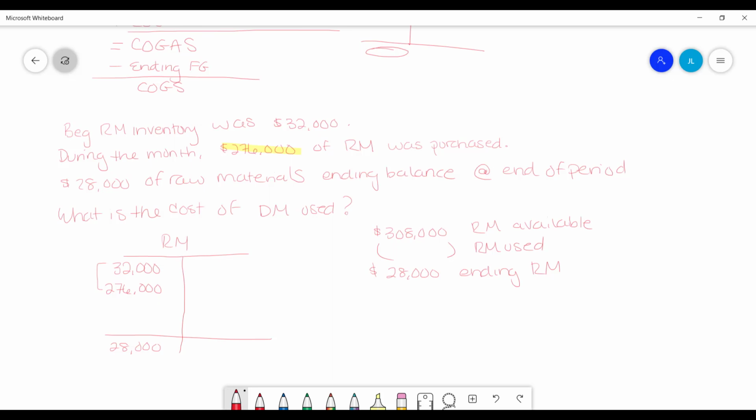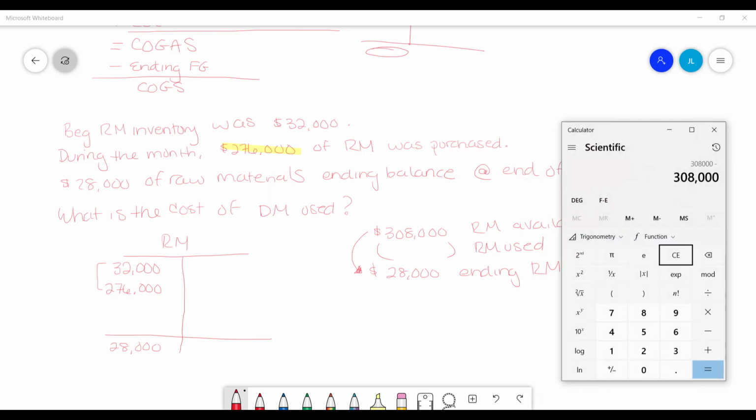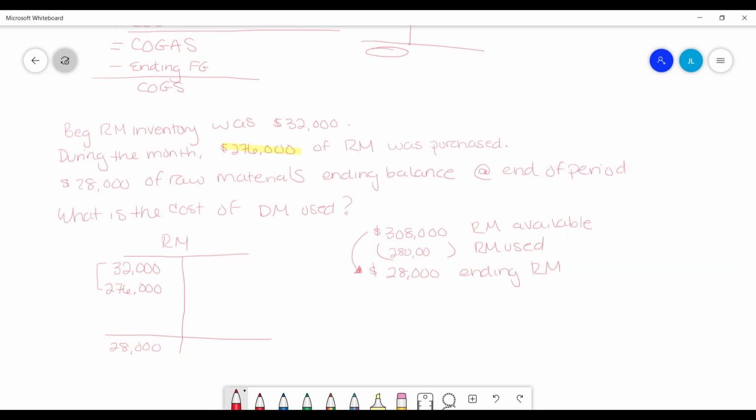How much did that account fall for us to go from 308 to 28? We just have to do a subtraction there, right? 308,000 minus 28,000 is $280,000 raw materials. So this account must have been credited for $280,000 throughout the period to leave us with an ending balance of $28,000.